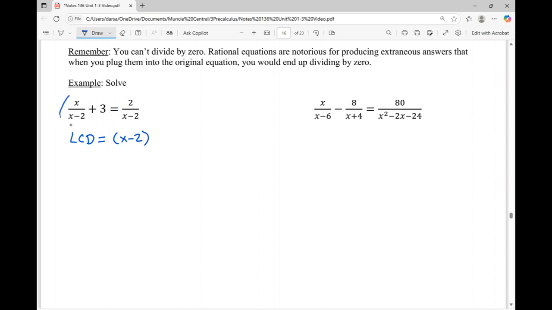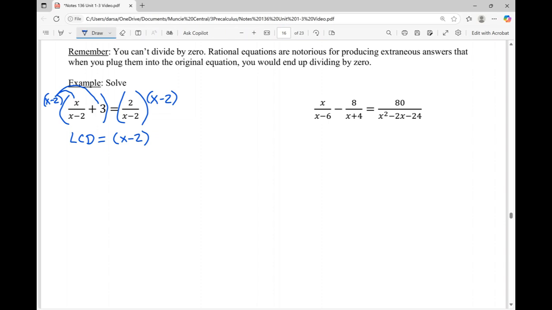So, what I want to do is take the entire left side and the entire right side and multiply by x minus 2. So when I look at the left side, that means that x minus 2 is going to distribute to both of those. So we have to multiply the 3, even though it's not a fraction, it still gets multiplied by the x minus 2.